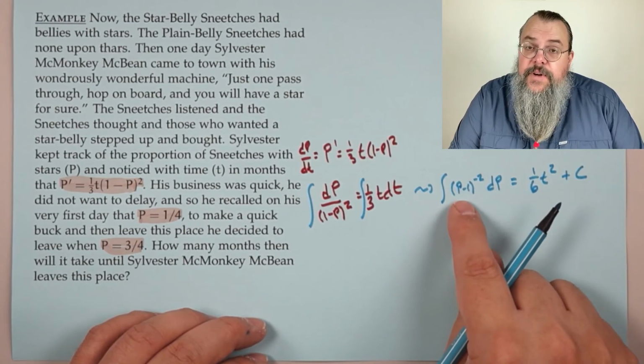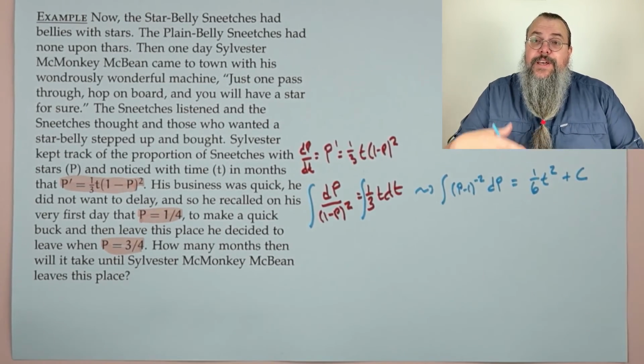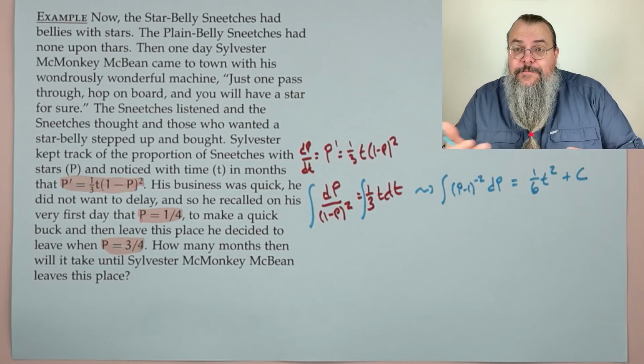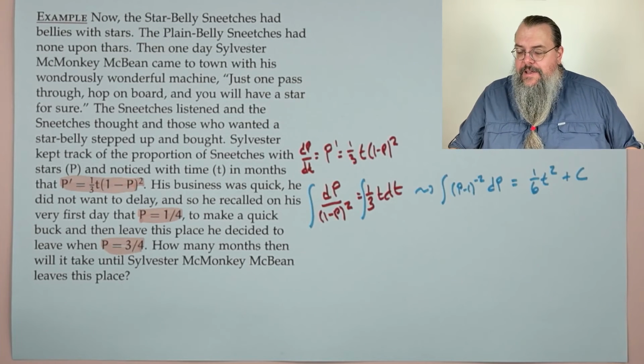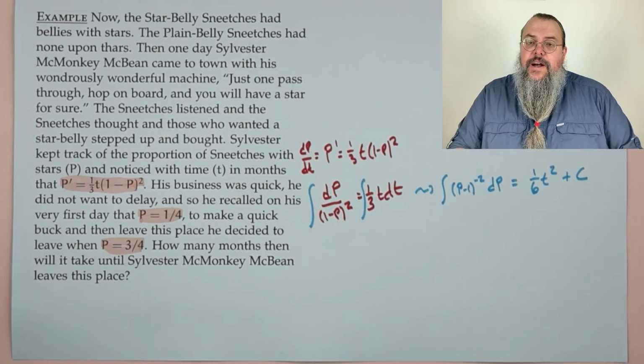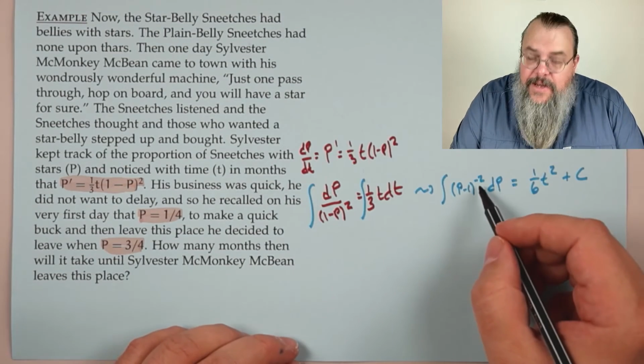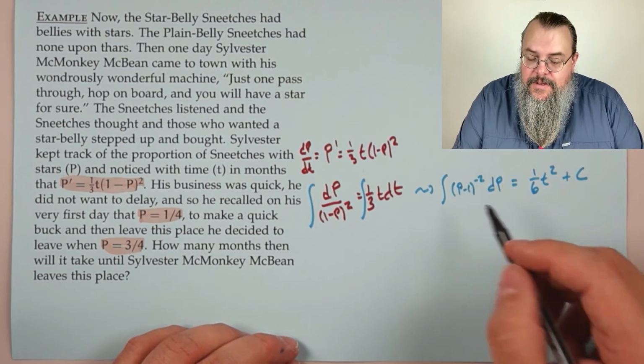So that's 1/6 t squared, and of course, add on a c. Now, the reason I want to rewrite it is I want to get it into a way that's calculus friendly, where we have our rules. In this case, I know how to integrate this part. I add 1 to the exponent, divide.